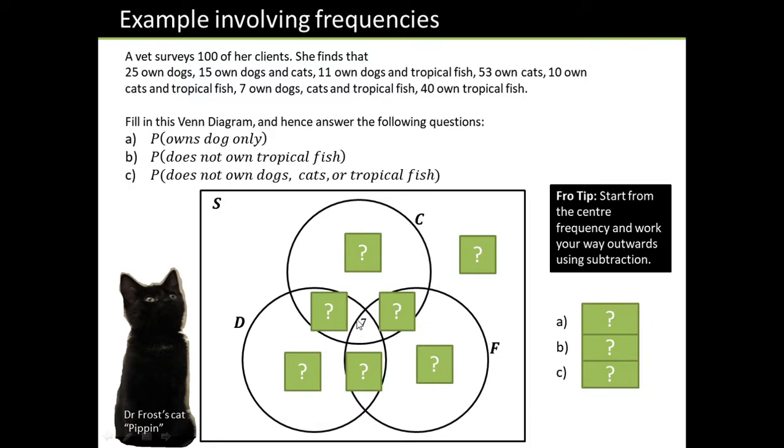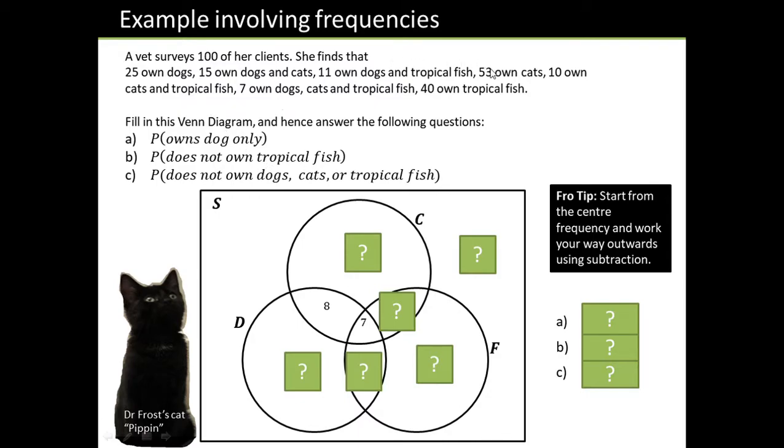We're told that we've got 25 owned dogs, but at the moment we can't do anything with that. We are told that 15 own dogs and cats. That's 15 people that own dogs and cats, but 7 of those people also own tropical fish. So the people that own dogs and cats but don't own tropical fish must be 15 minus 7, which is 8.